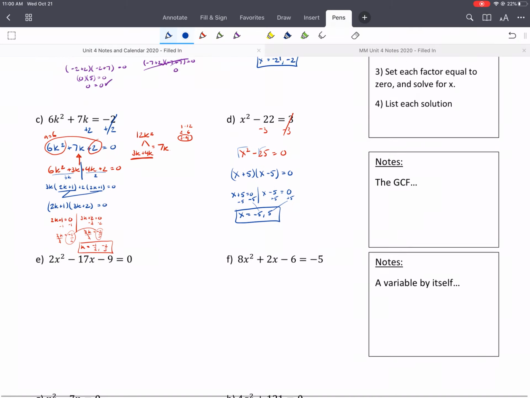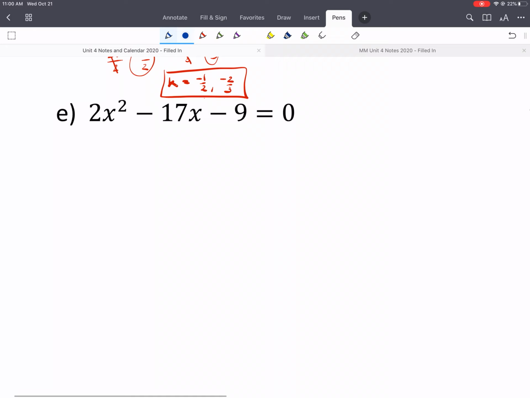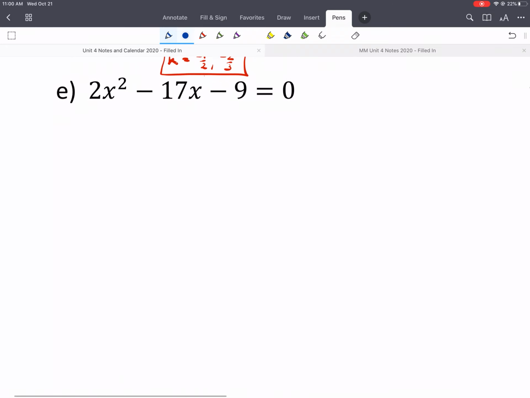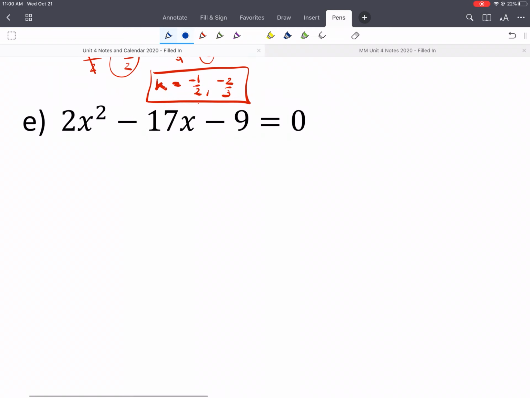Okay, all right. Give this one a try if you haven't yet, because this is kind of like we did above where you have to do grouping. I want to make sure you're good with that. So this is already in standard form. Everything's on the left side already. Okay, we can't take out a 2. So we know here that a is 2. We can't use the shortcut.